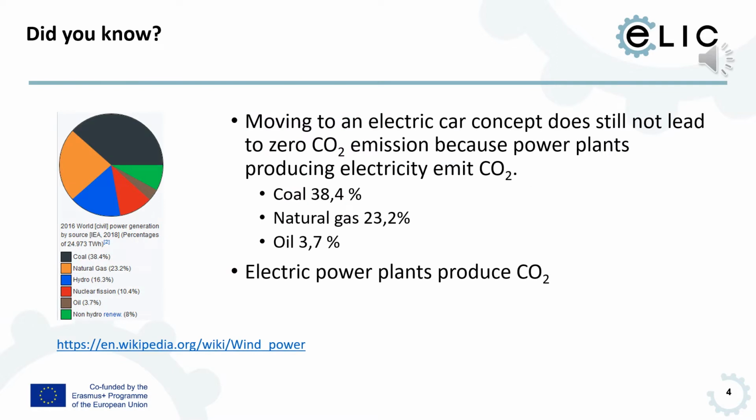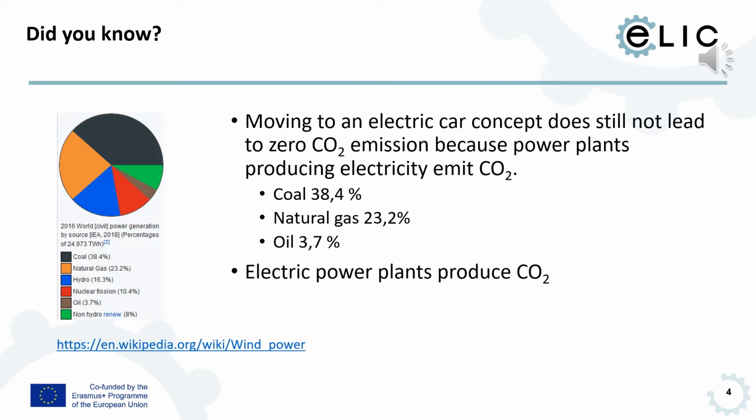Some people say that using e-motors would lead to zero CO2 emission, but that's not really correct. When we produce electricity, when we produce batteries, which are needed to run an e-motor, the production of electricity still produces a lot of CO2.